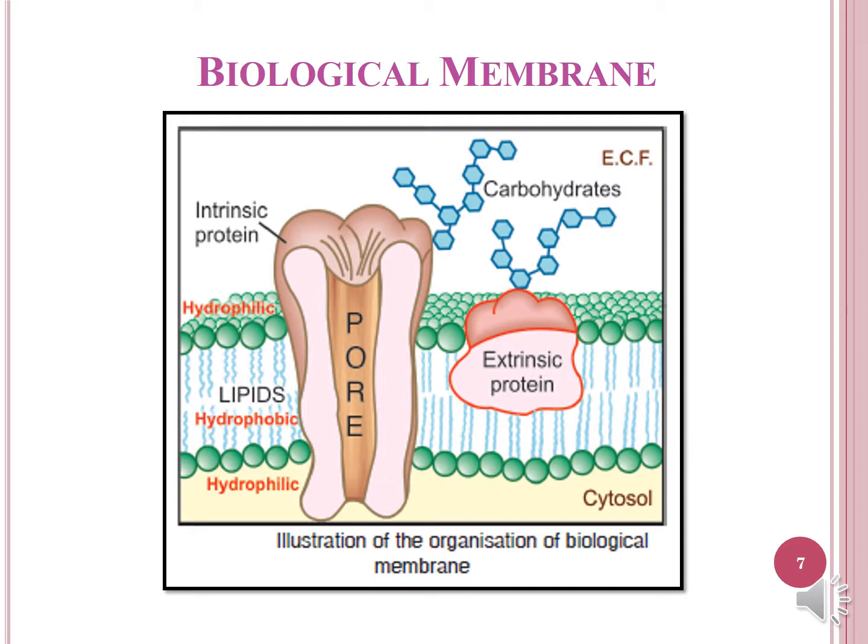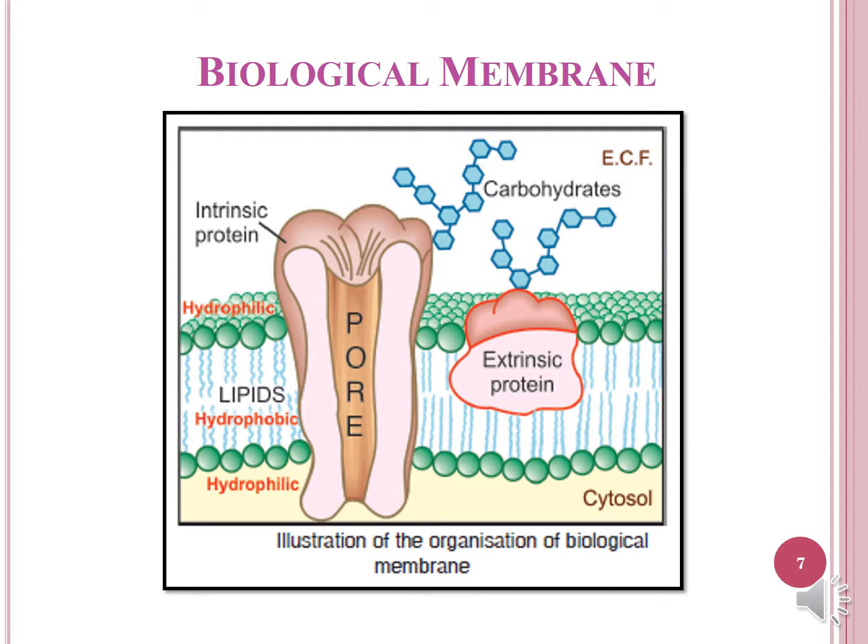If you look at the diagram, this is called a plasma membrane, basically a lipid bilayer membrane, because you can see the hydrophilic heads projecting towards the outer face of the membrane, and the tails, which are hydrophobic in nature, make up the inside of the plasma membrane. On the upper side you can see the extracellular side, and on the inner side below you can see the cytosolic side.